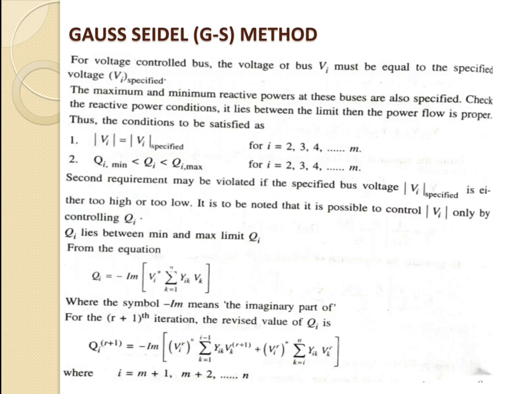In the same way, for the r plus 1th iteration, Qi^(r+1) equals minus Im of Vi^(r) star times the summation of k equals 1 to i minus 1 of Yik Vk^(r+1) plus the summation of k equals i to n of Yik Vk^(r), where i equals m plus 1, m plus 2, up to n. Im means the imaginary part.